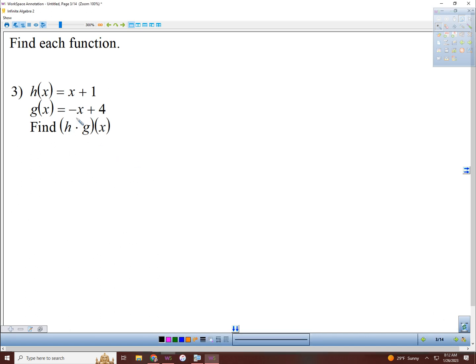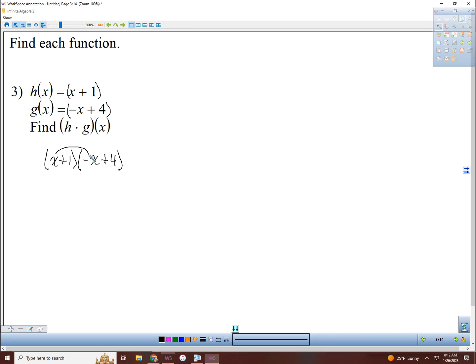Number 3, we are multiplying, and if you look at h, it is a binomial, so since we're taking that times something, we need it in parentheses. And we're taking that times g, which is also a binomial, so we're going to need that in parentheses as well. So we're taking all of h and multiplying that by all of g. And now we just multiply those together.